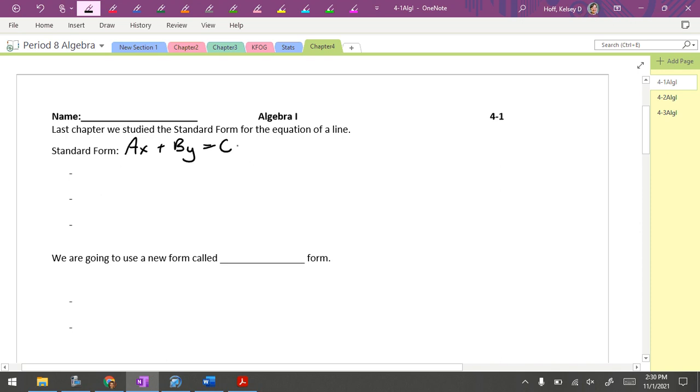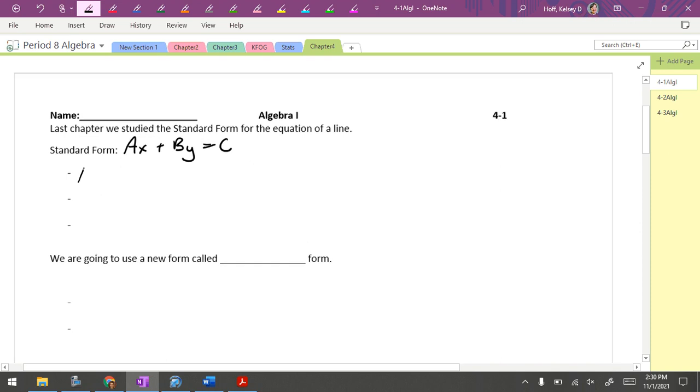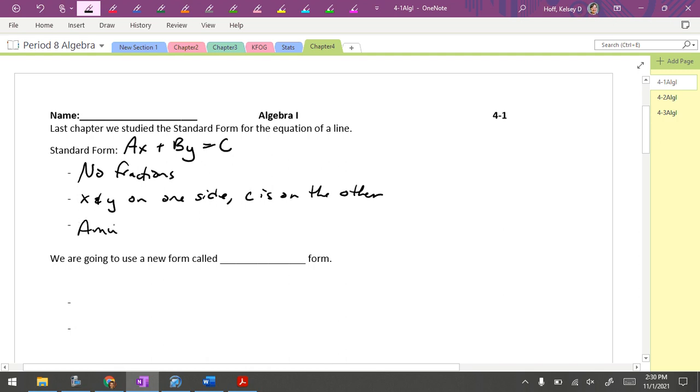And there were 3 rules. No fractions. X and y on one side. C is on the other. And A must be positive.